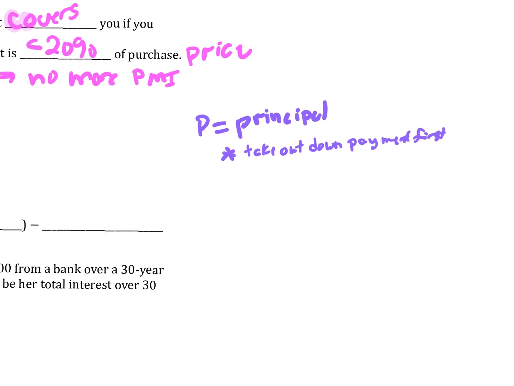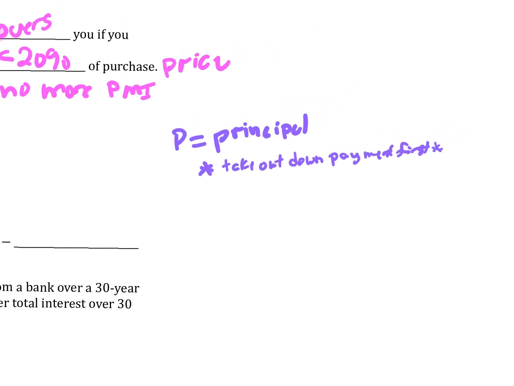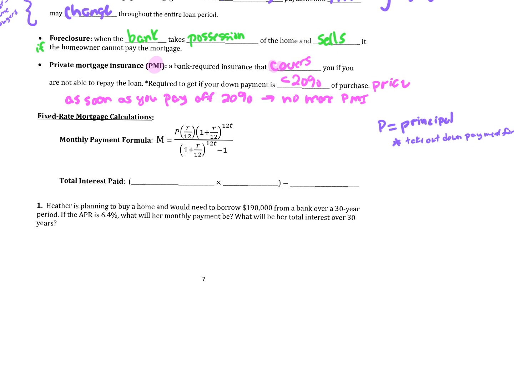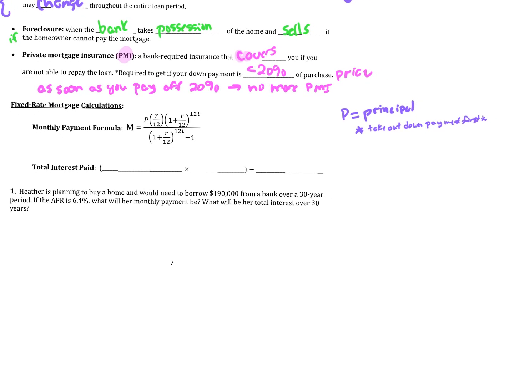Right? So when we start thinking about what our monthly payment is, we're not thinking about what we've already paid. We've got to consider what's left over, that type of thing, right?